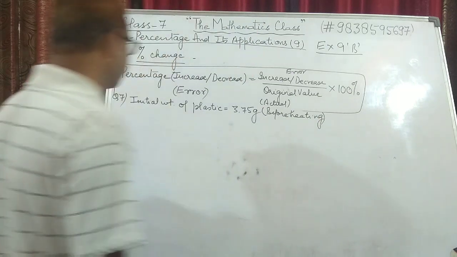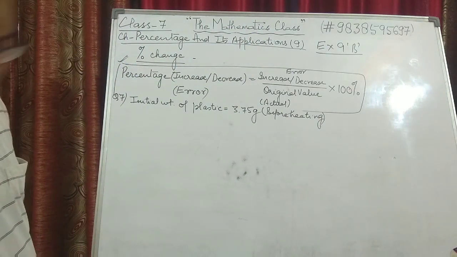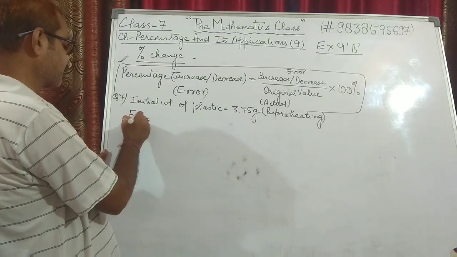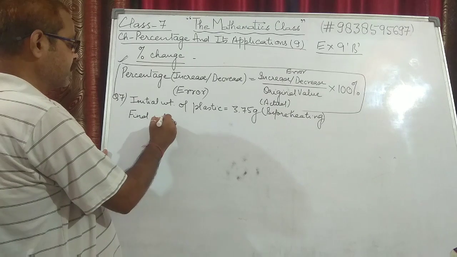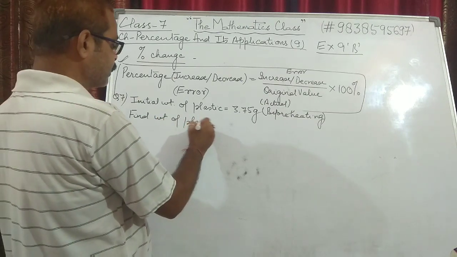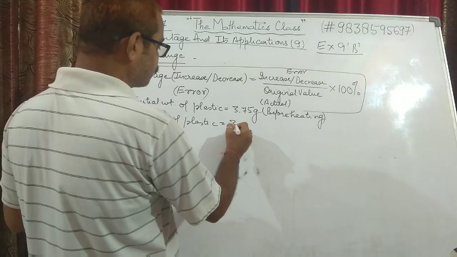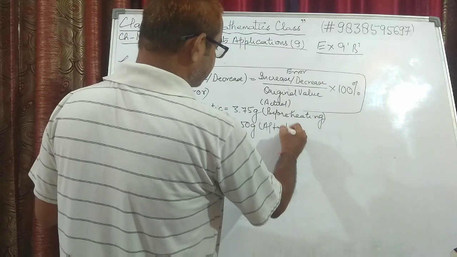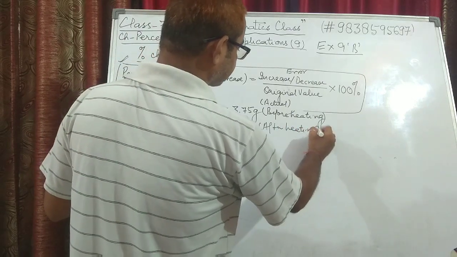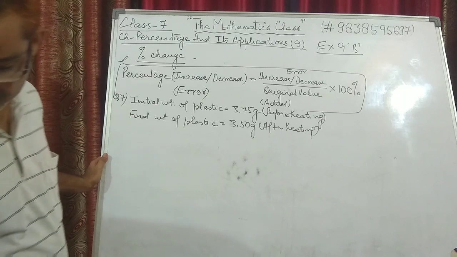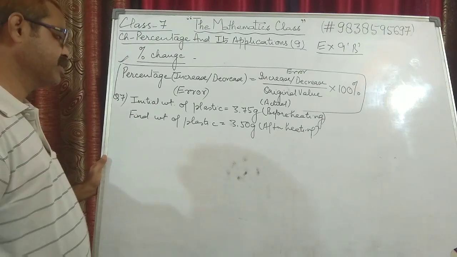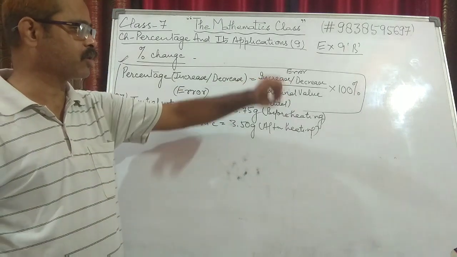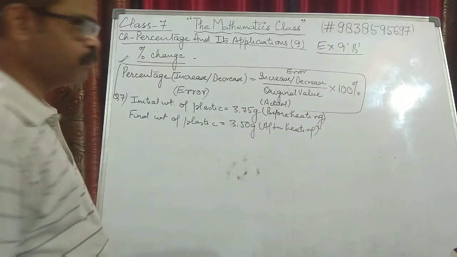Then they say it changed to 3.50 grams, meaning the final weight of plastic is now 3.50 grams, that was after heating. So you have to find the loss or decrease in weight of the plastic. First of all, we will find the decrease or loss, and then we'll convert it into a percentage.